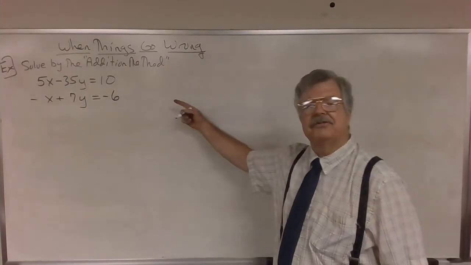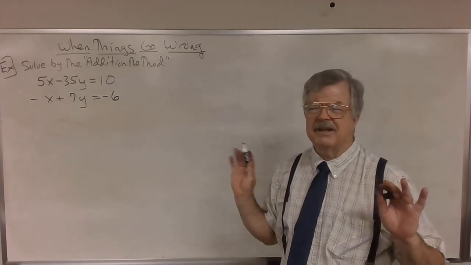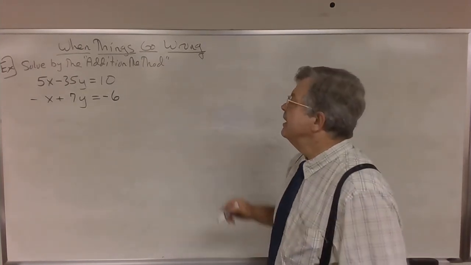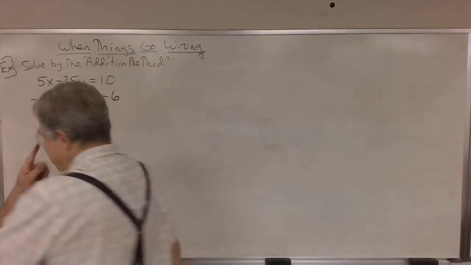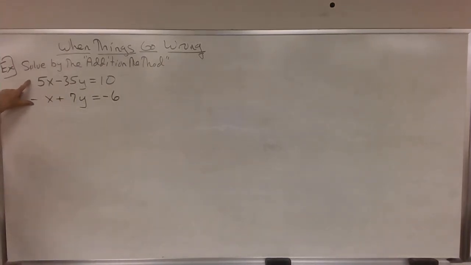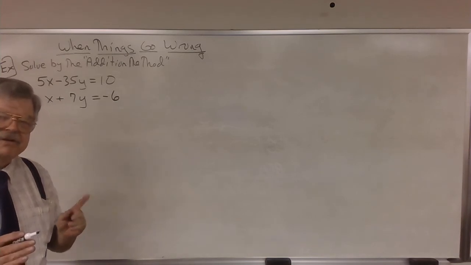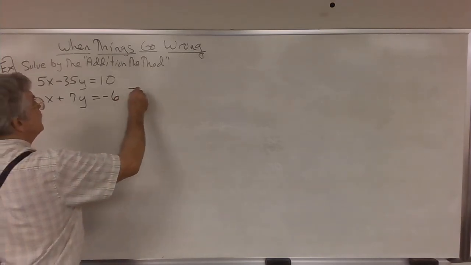Okay, this looks similar to what we were doing. It's not exactly the same. Again, let's solve by the addition method. And I take a look at these and I say, you know what? If I multiply this second equation by 5, I'll have negative 5x here, positive 5x here. The x's will wipe each other out. So that's what I'm going to do.